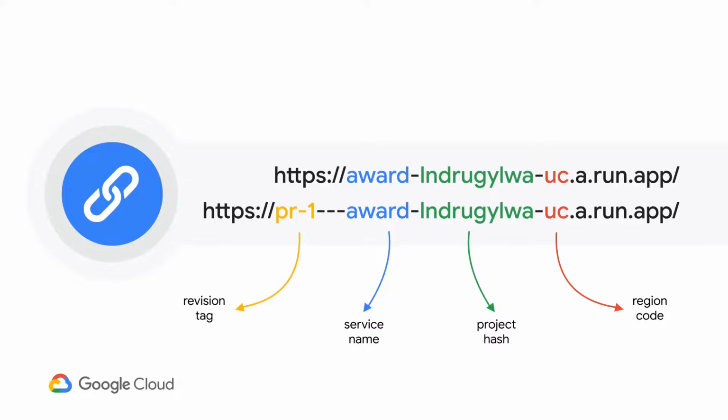Since it's a revision of the same service, it has all the same configurations, same database connections, environment variables, etc. It's just accessible by prepending a revision tag to the URL. This allows you to test your changes in near production parity. Check out the Configuring Deployment Previews tutorial on the Google Cloud documentation site for more information.